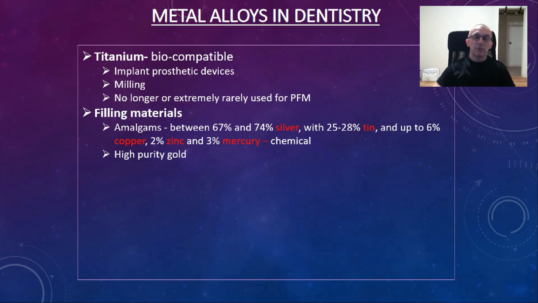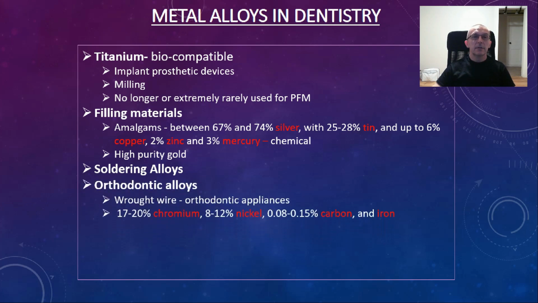High purity gold, again, this is for filling pits and small cavities. Also with high purity gold, we can use it on inlays, but those golds are high gold content, but they still have other materials, so it would really be called a gold alloy.